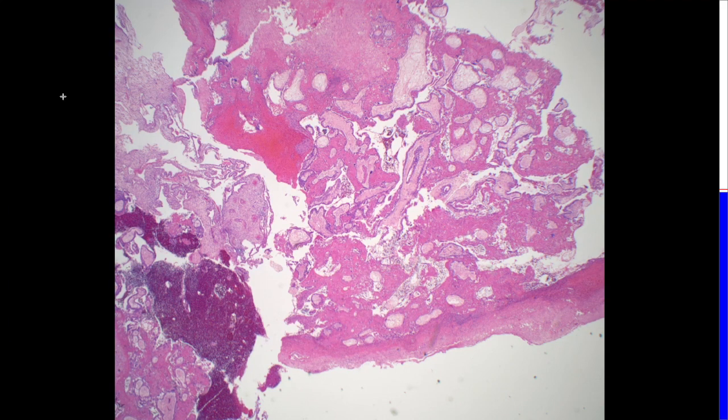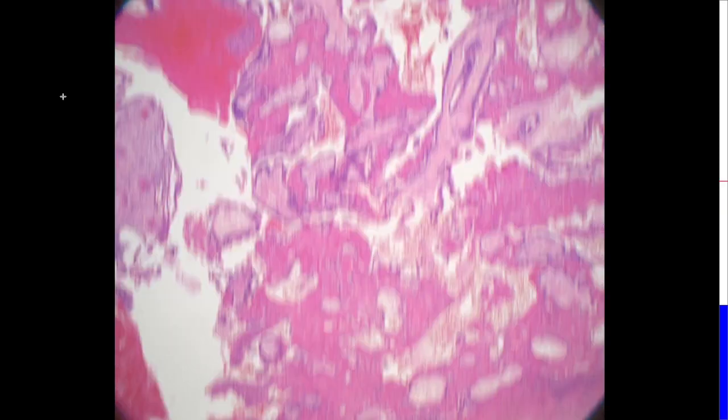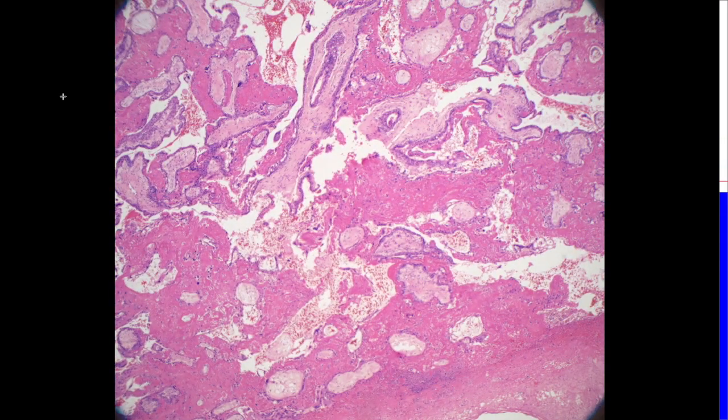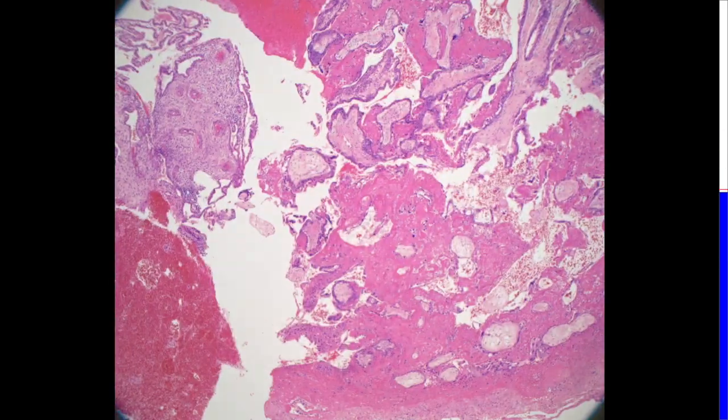Starting with massive perivillous fibrin deposition, this is a case of a young woman that had 9 recurrent pregnancy losses in the first trimester, and all of them looked exactly the same. So what we have here are immature villi, as we see in POC, but notice we have a lot of perivillous fibrin. Everywhere we look, we have perivillous fibrin.